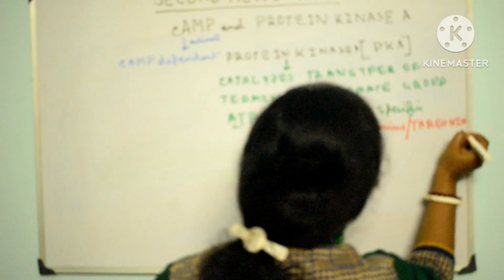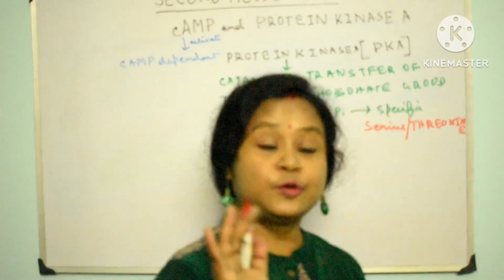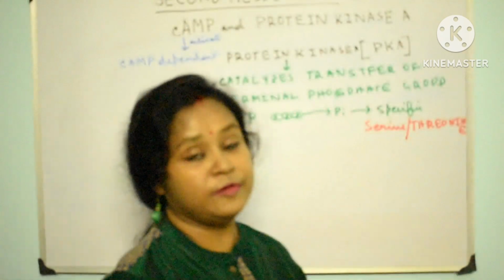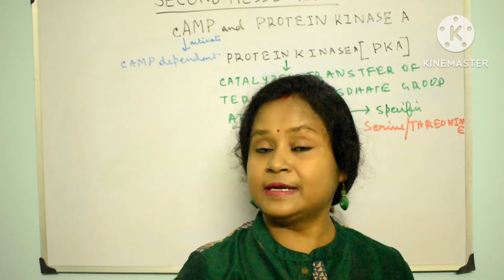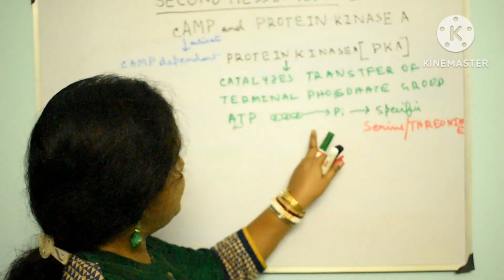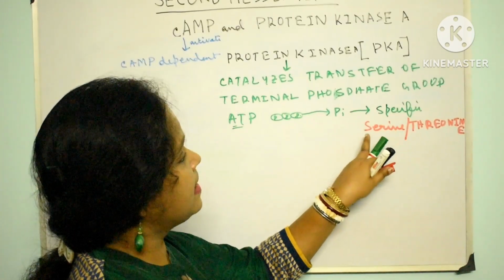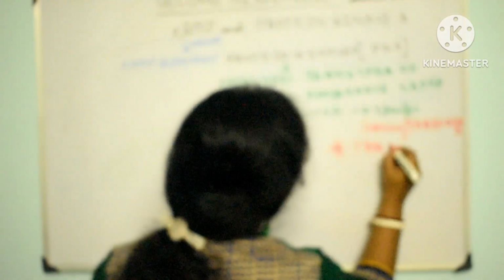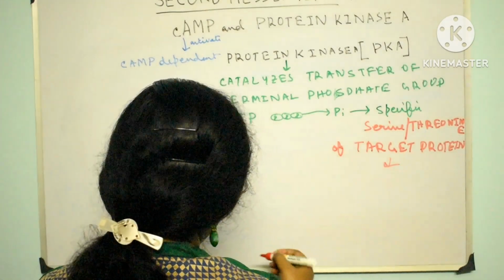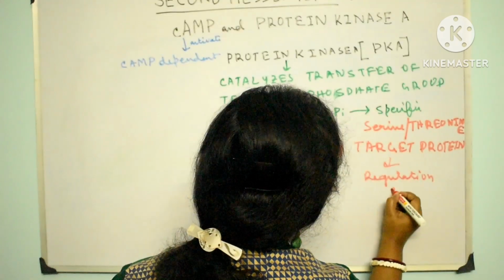We all know serine and threonine are names of amino acids; amino acid means there must be some protein structure. So the ATP terminal phosphate group is transferred to serine or threonine of selected target proteins, thereby regulating their activity.